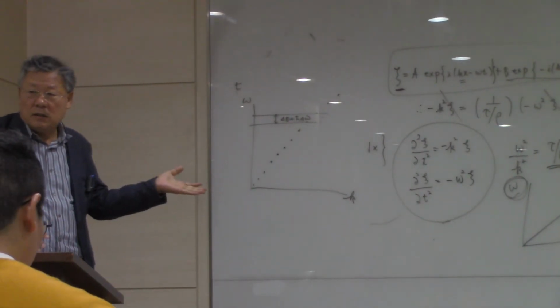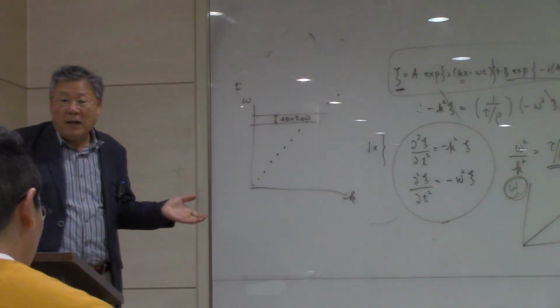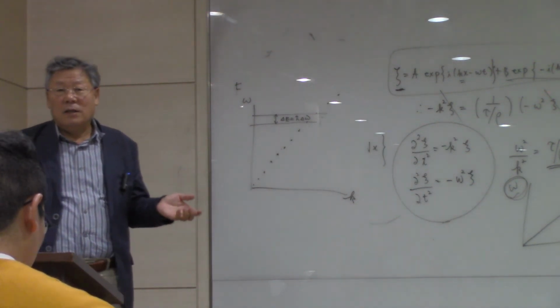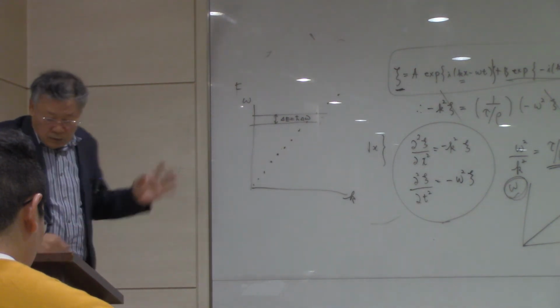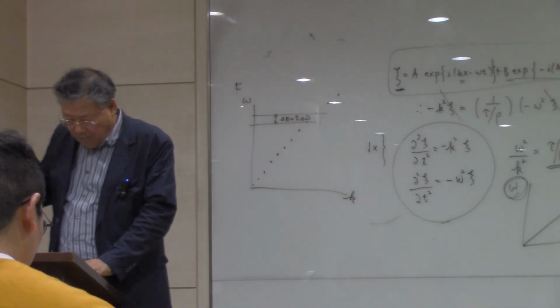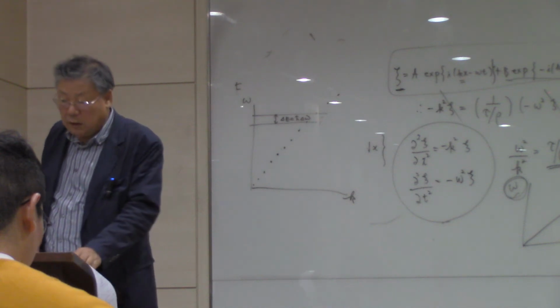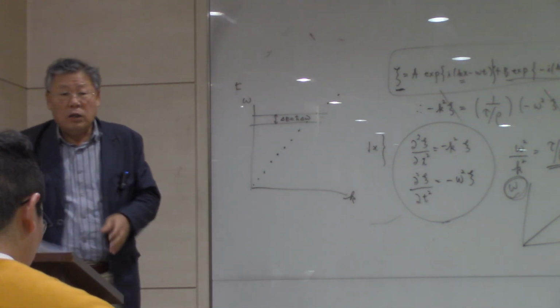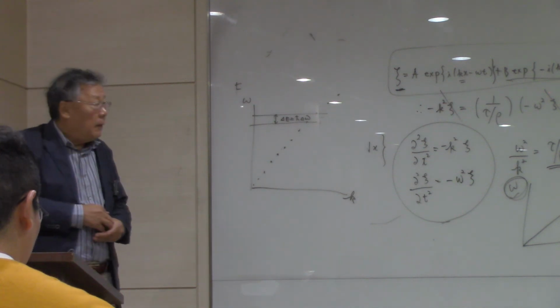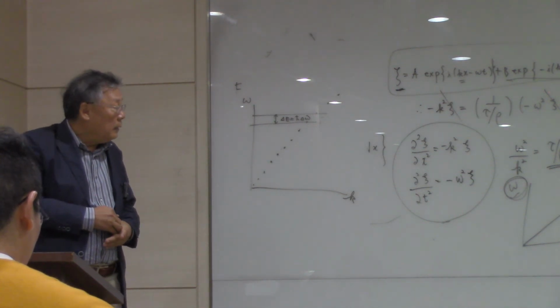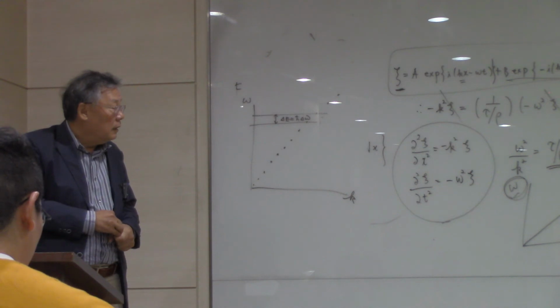Okay, because of this, we can have X-rays, lasers, things like that. Okay. So this is the very first step to understand why we have X-rays and lasers in solids.